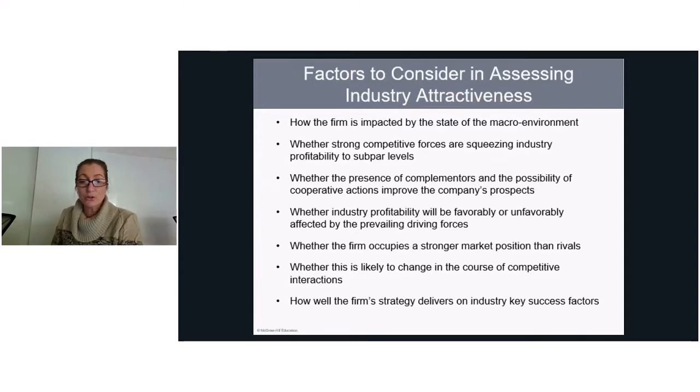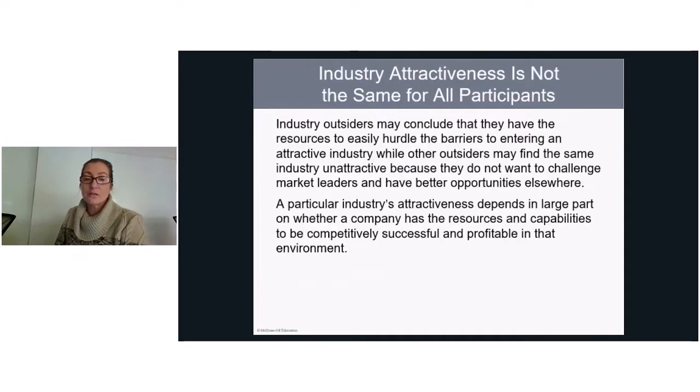In other words, are you going to be able to hold your ground, or are you going to get pummeled? How well is the firm's strategy going to deliver on what you've identified as the key success factors that you're going to focus on? So industry attractiveness is not the same if you analysed for different participants in the industry. Industry outsiders may conclude that they have the resources to overcome the barriers to entry for a particular industry.